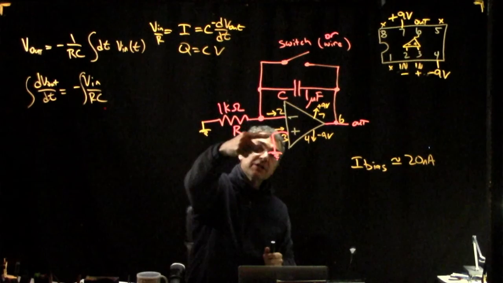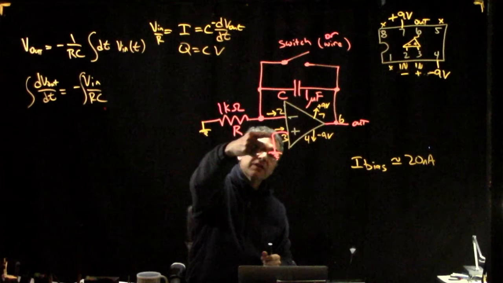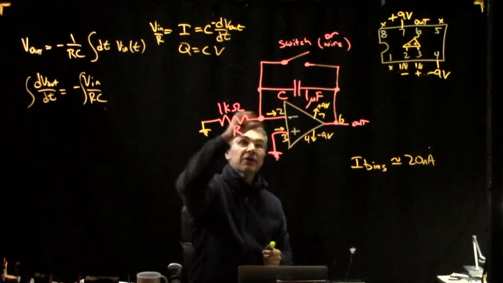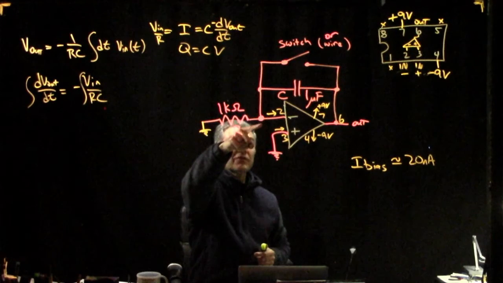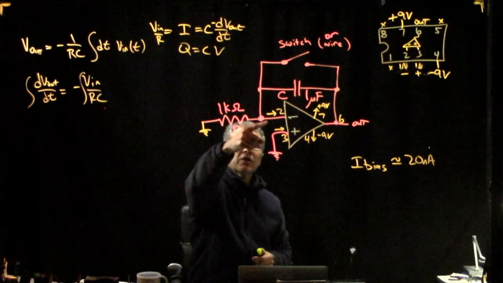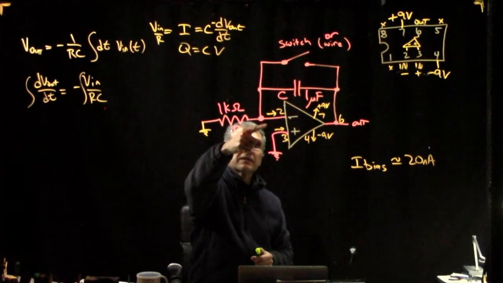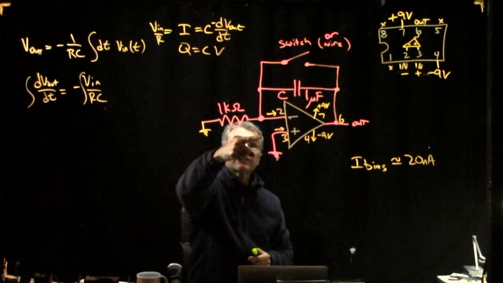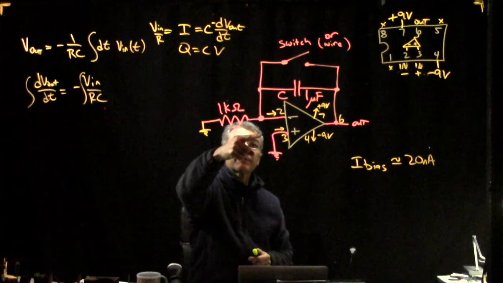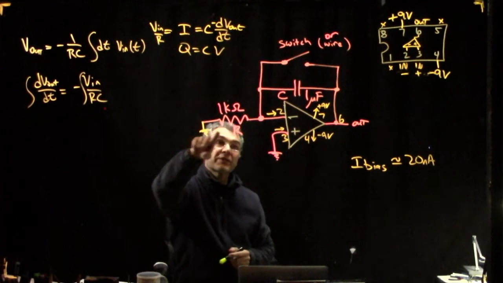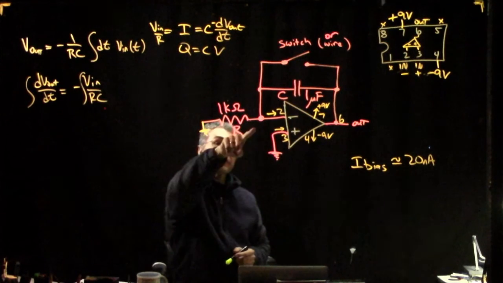So that's one thing. It's not going to make any difference flowing into this non-inverting input, which is just coming from ground, but flowing in through here, it has the same effect. Basically, this current will effectively charge up the capacitor. Why is that true? Well, that current flows across this resistor.